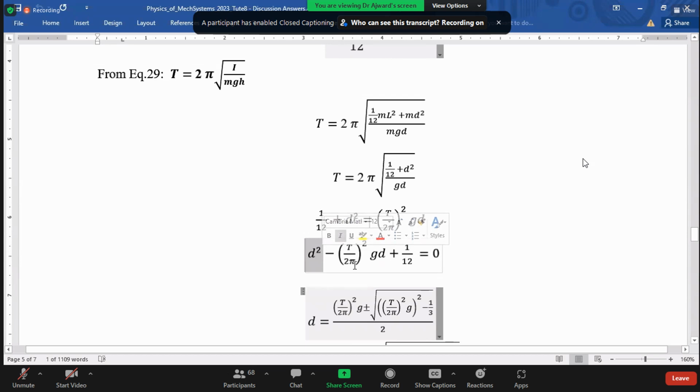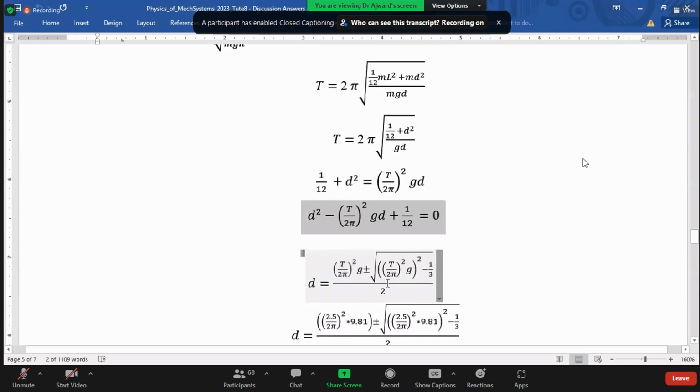Maybe you have done it in math during O level, right? Even in O level, very basic equations. And yeah, you just have to use the solution for the quadratic equation and get this one. Right.